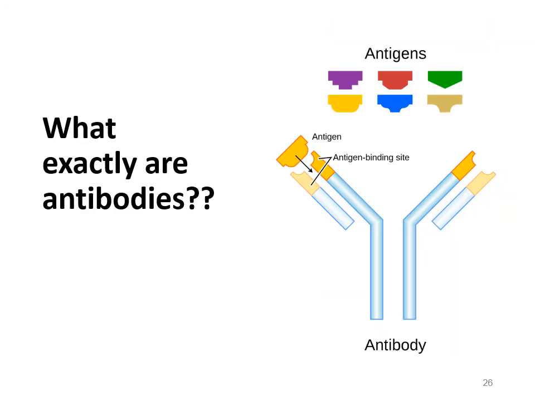Now we keep mentioning antibodies. Well, what exactly are antibodies? Well, as you see here, they're a Y-shaped piece of protein, and on their edges they have what are called antigen binding sites that come in all different shapes and sizes to specifically bind their matching antigen.